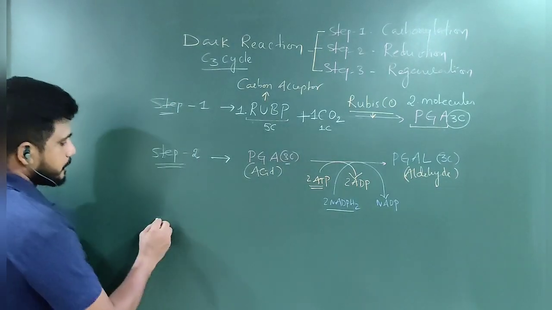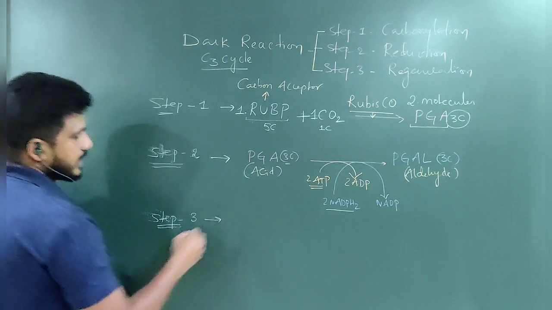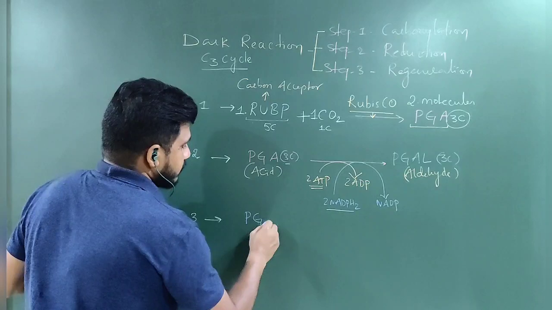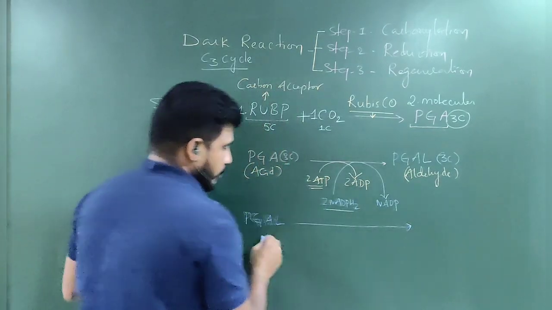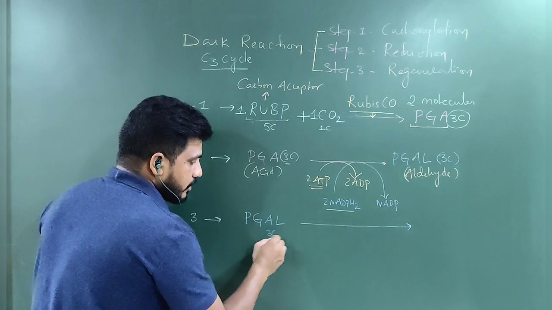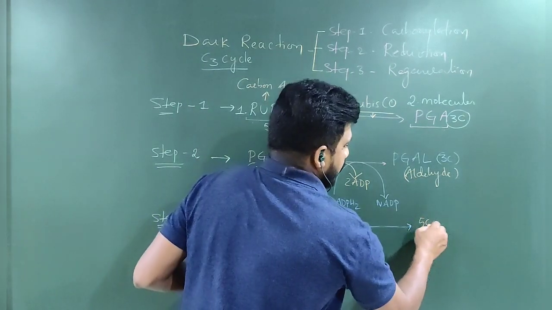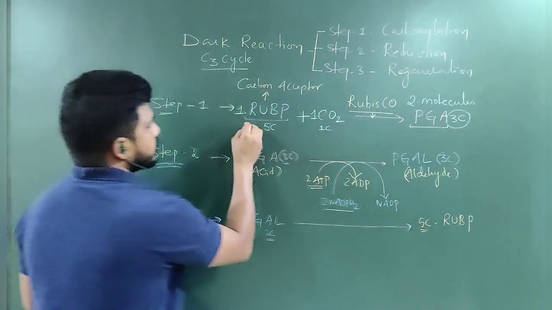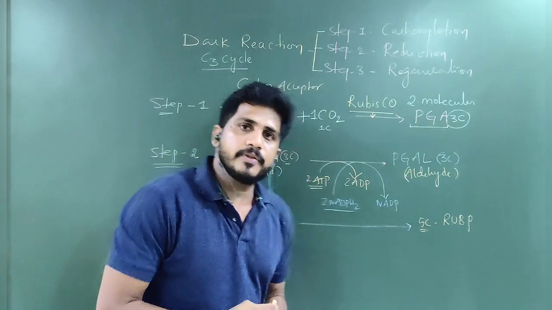Now, in step 3, what is happening? This PGAL, phosphoglyceraldehyde, which is a 3 carbon component, will become a 5 carbon component, that is RUBP. So the end product is again used for the first step.